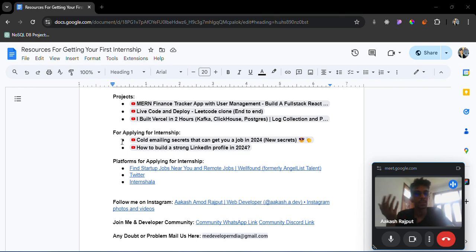This is why it makes things a bit easier to get an interview call or email at least. So yeah, these are quite important if you're applying and you want to get shortlisted from the first round. So these two things can help you out.